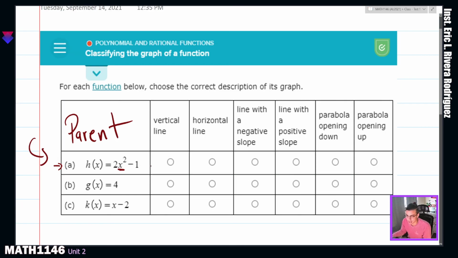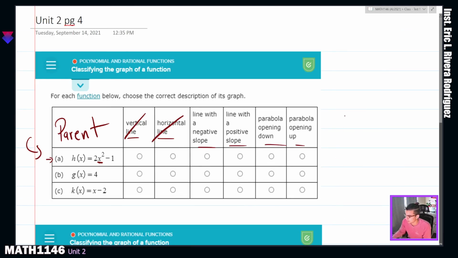Now I need to match these properties, or check these descriptions, with my function. Since a square function is a parabola, a vertical line is not going to describe that function. A horizontal line is not going to describe my function because a parabola has this shape.